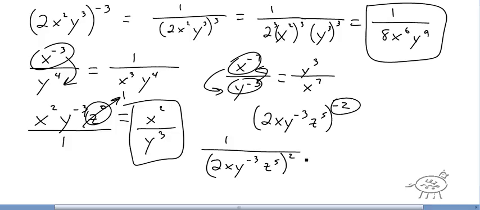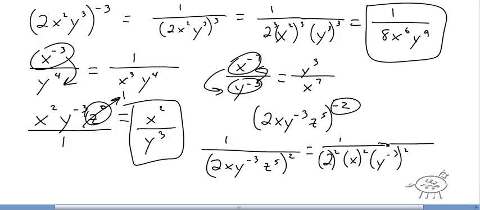We still have a negative exponent there, but that's okay. We're going to deal with that a little bit later. So let's distribute that. It's 1 over 2 squared, x squared, y to the negative third squared, and z to the fifth squared. So that's going to give us 1 over 4 x squared y to the negative 6.